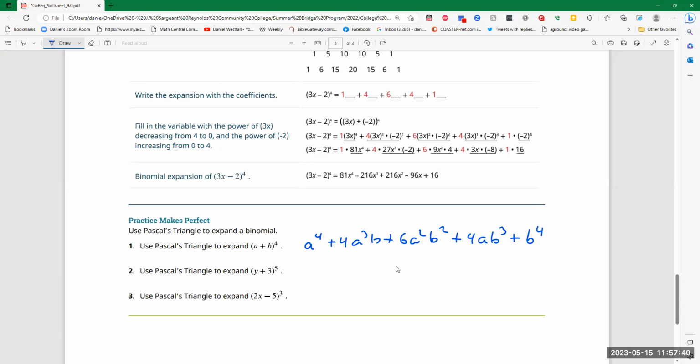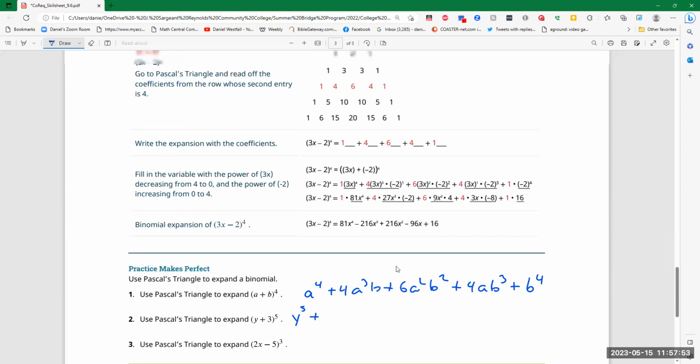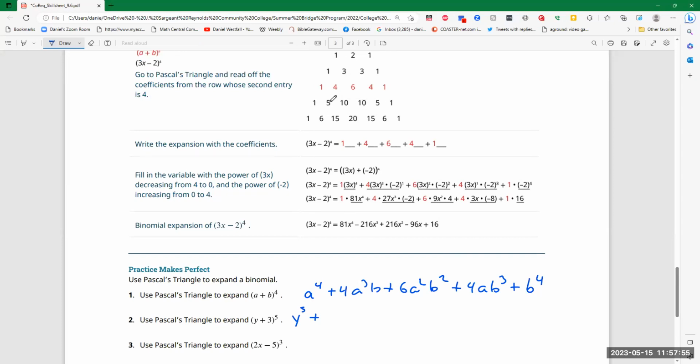Use Pascal's triangle to expand y plus 3 to the 5th. So that's going to be y to the 5th plus, then we're right here on this row.